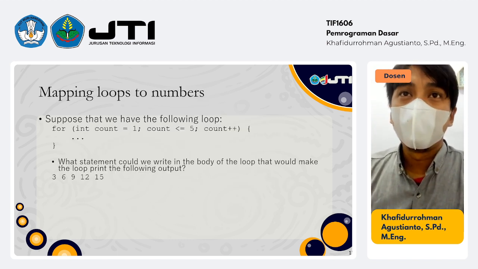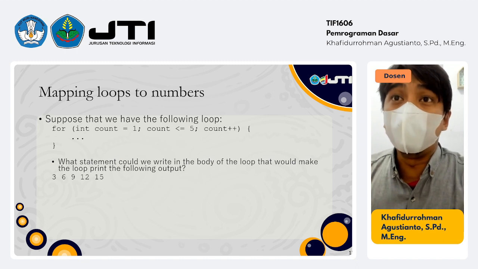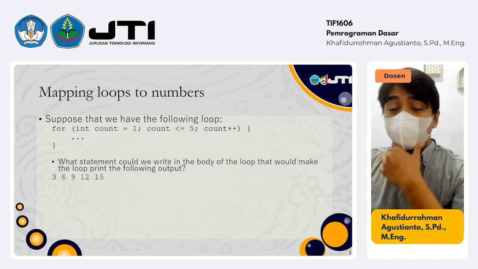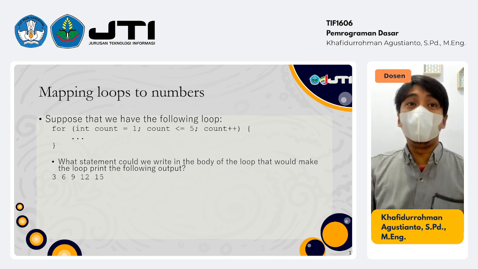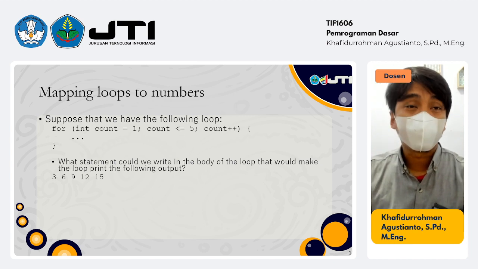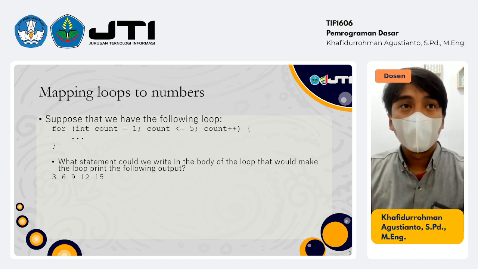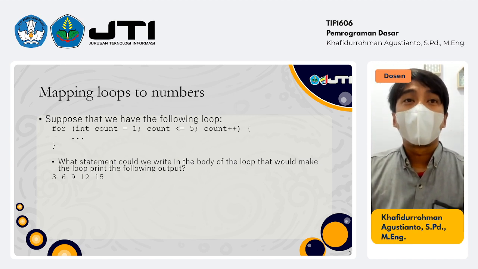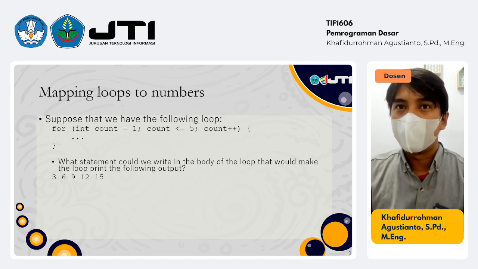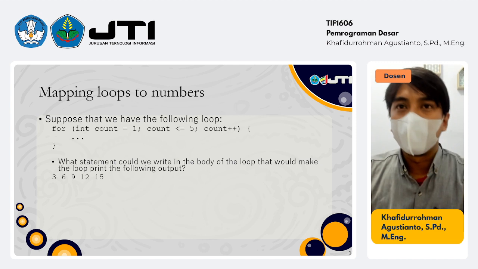Mapping loops to numbers. Suppose that we have the following loop: for (int count = 1; count <= 5; count++).